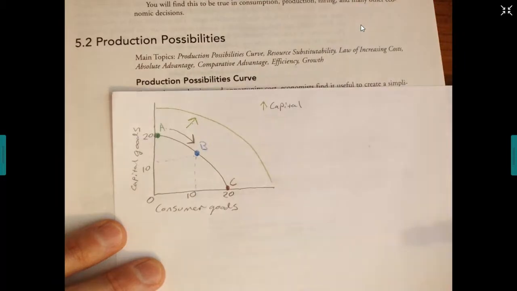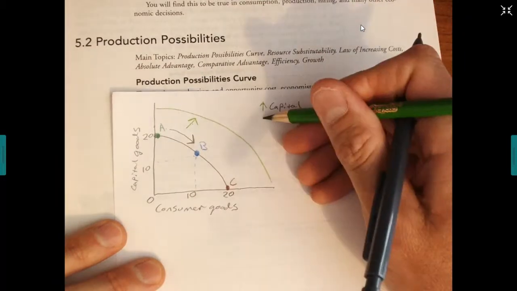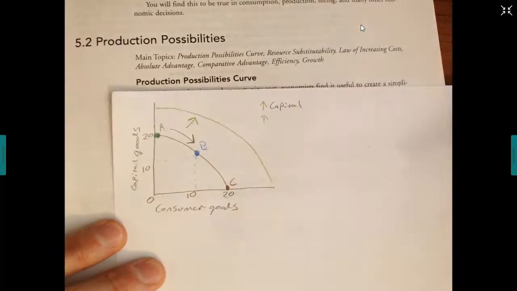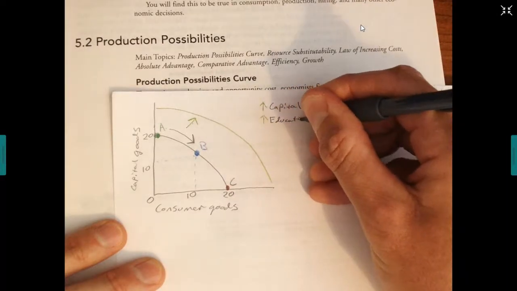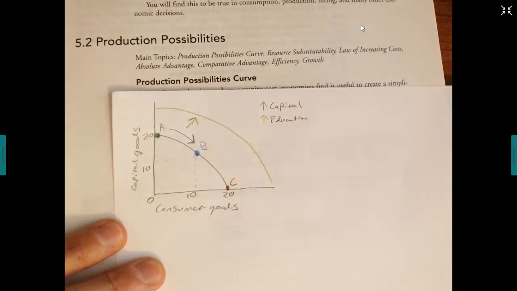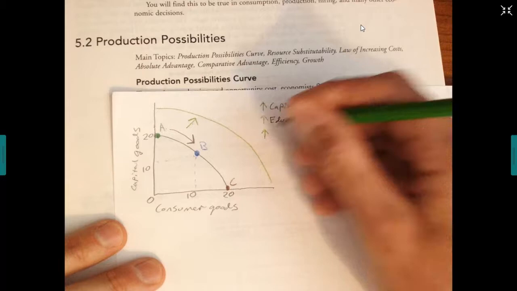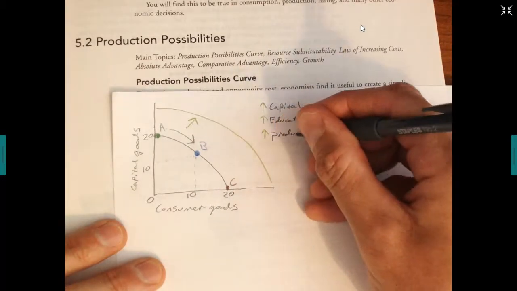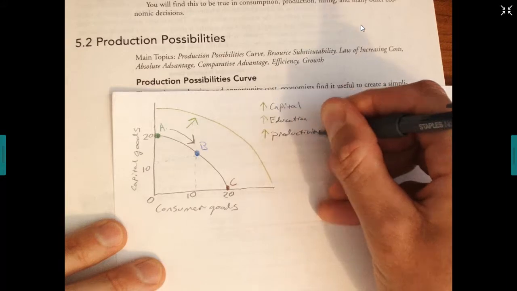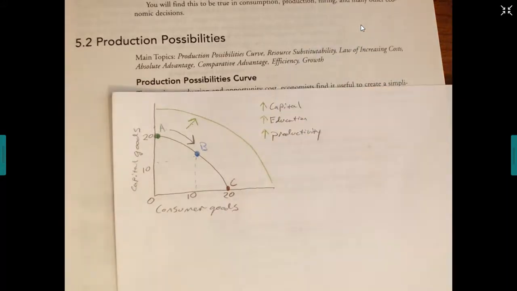If we had an increase in things like education, or increases in productivity, we found a faster way of producing things. By increasing capital, education, and productivity, the whole curve would be able to shift out and we could make more.